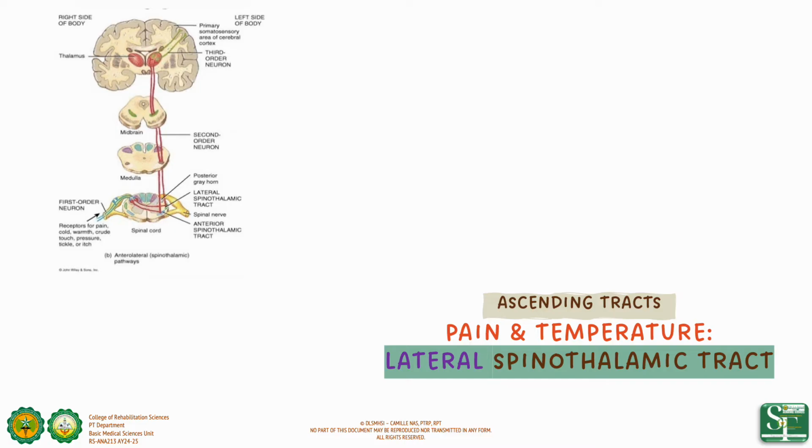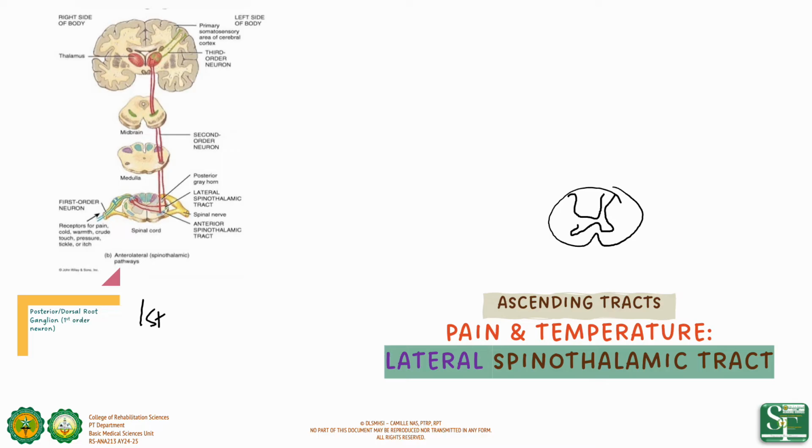Okay. So, start tayo sa first order neuron, which is the dorsal root ganglion. So, first order. Drawing tayo ng spinal cord. Okay. Dorsal root. And then the anterior root. And then spinal root.